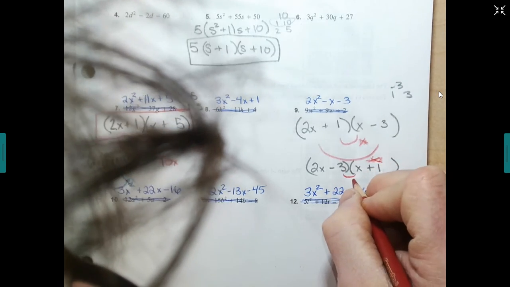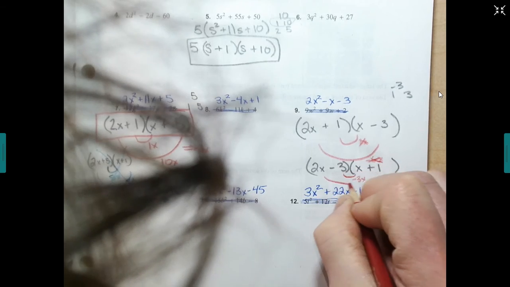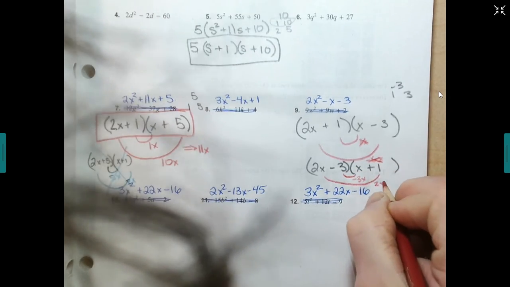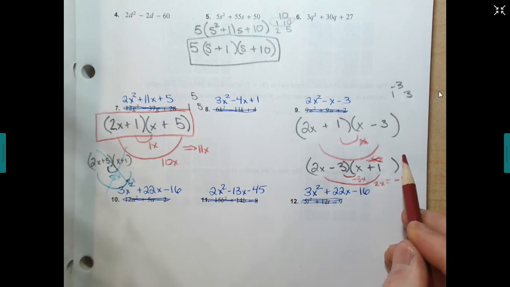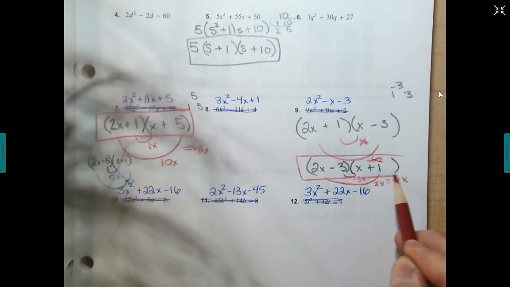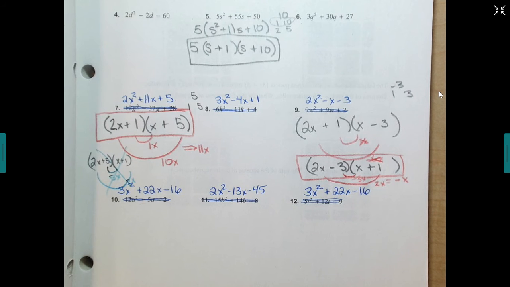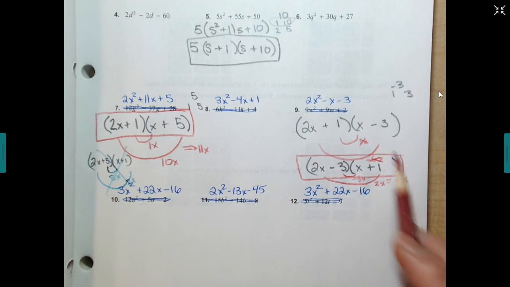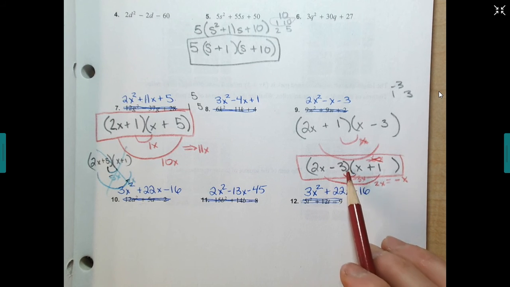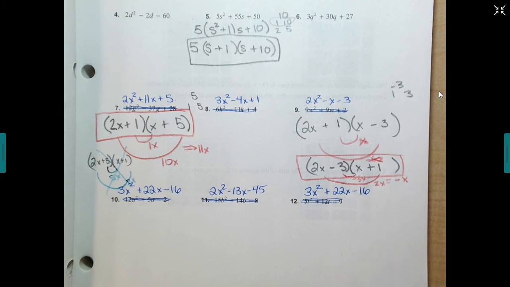So now I get -3x, and I get 2x, which equals -x. There it is. So that's how you do these. They're just guess and check. You might have to do it 3 or 4 times to get to the right answer, but you do your double smiley and you check and see if you get the right answer.